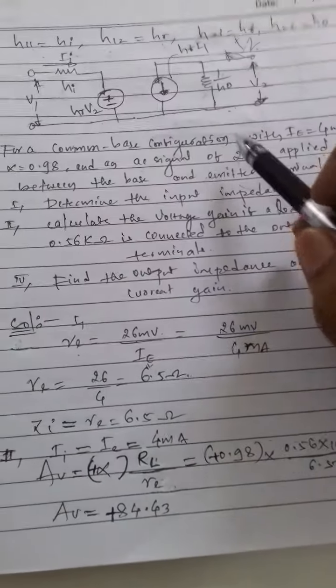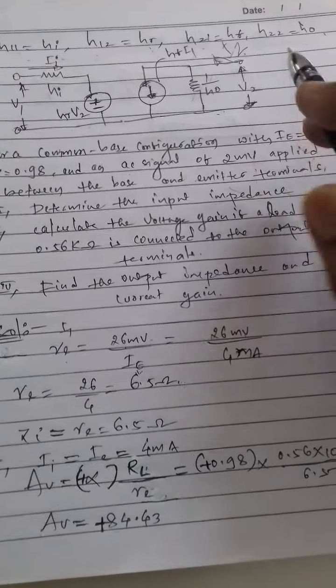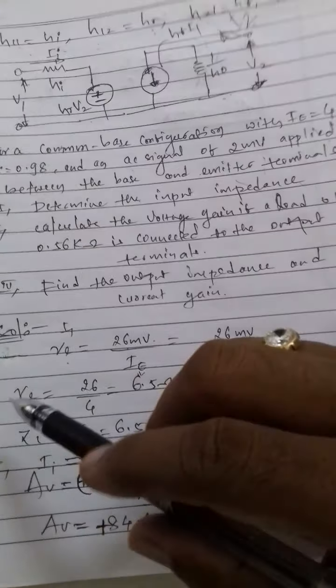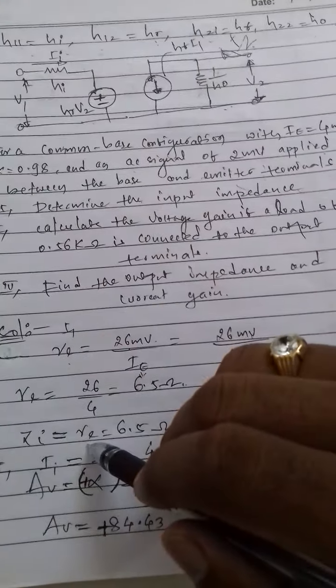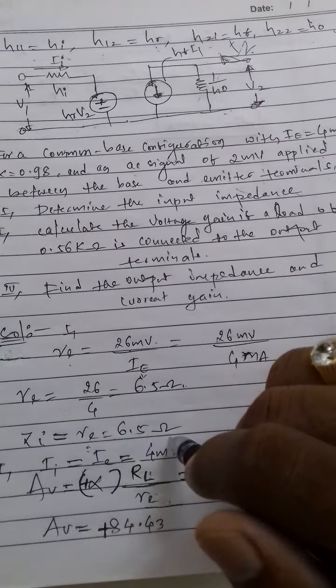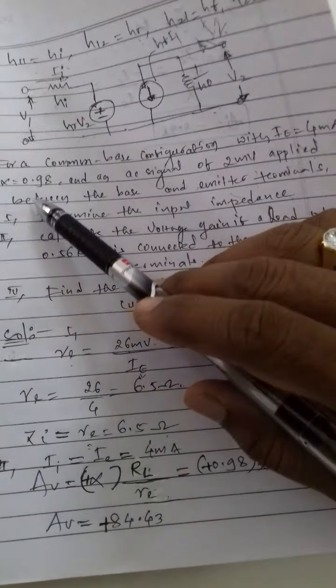For the common base configuration using the re model of the transistor, the input impedance is equal to the resistance re, so it is equal to 6.5 ohms.